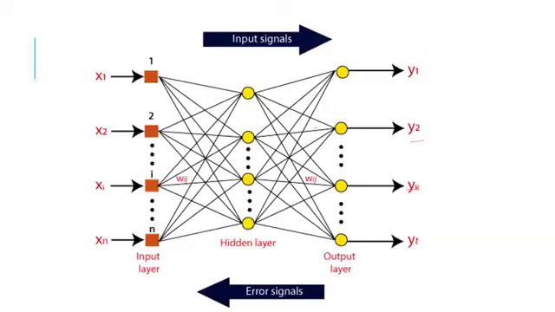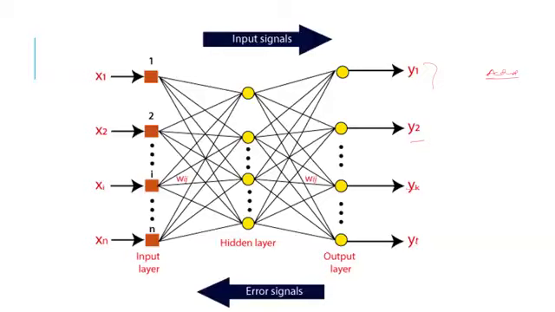Once the output comes out from the output layer, all these output values will be compared with the actual values, because we are passing labeled data, in which there is an output column also. So it is a supervised learning technique. Here I'm passing the training data set in which I also have the output variable.